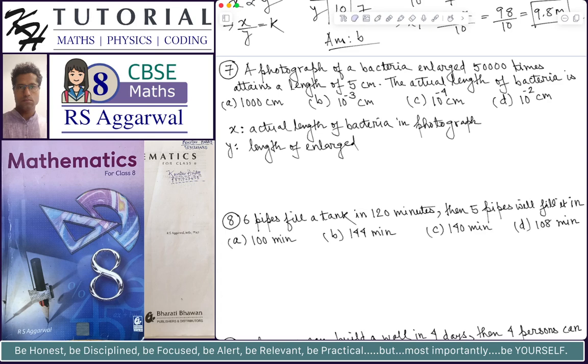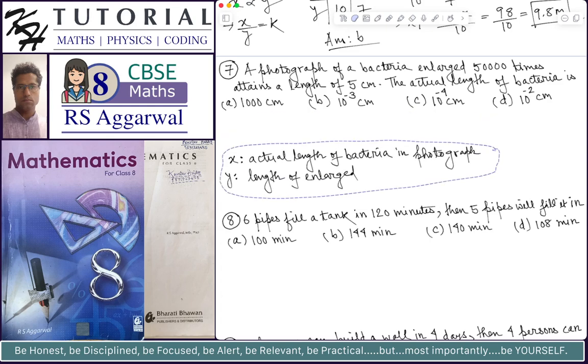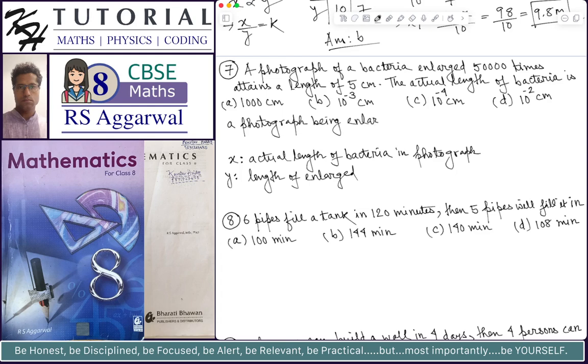So basically, this problem is based on the fact that a photograph is being enlarged by 50,000 times. That is, it is a scaling, the scaling of the photograph.